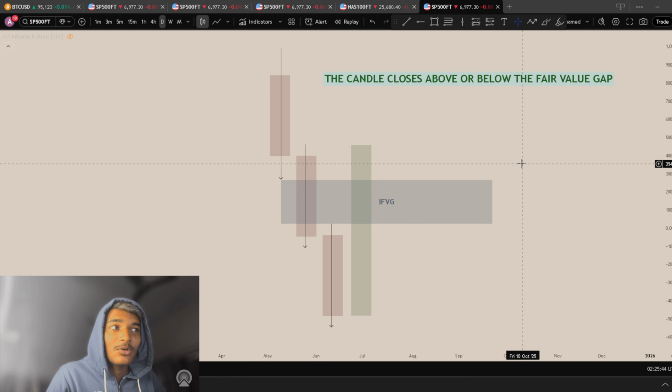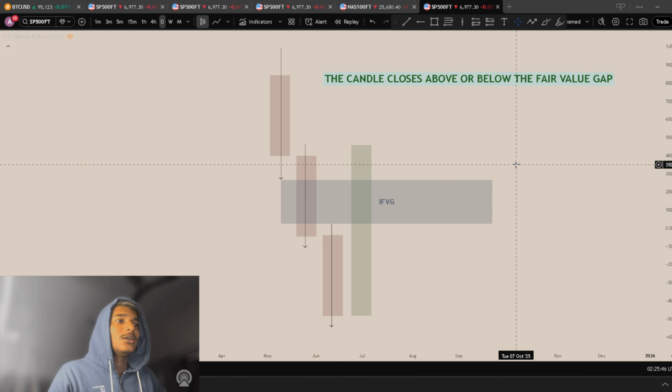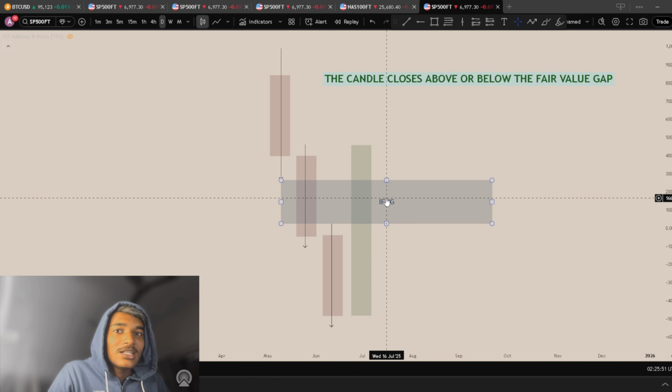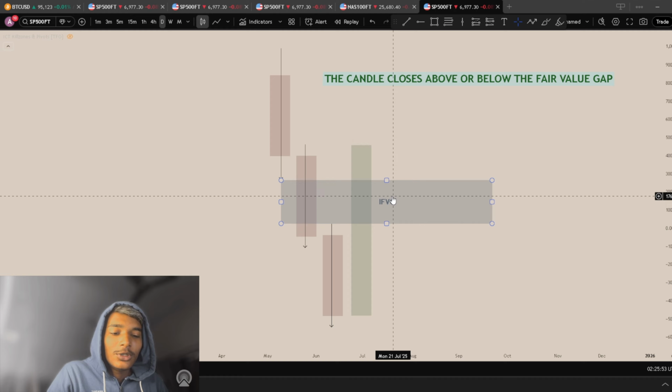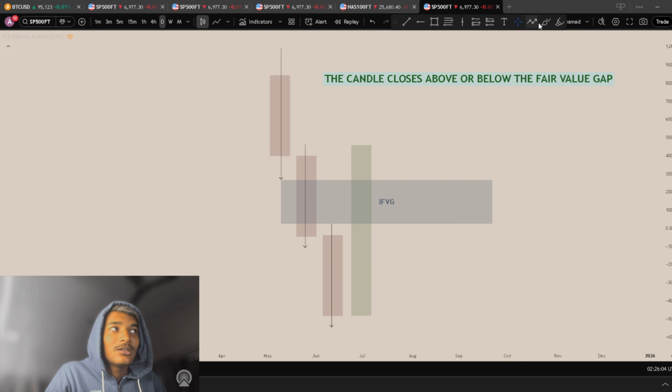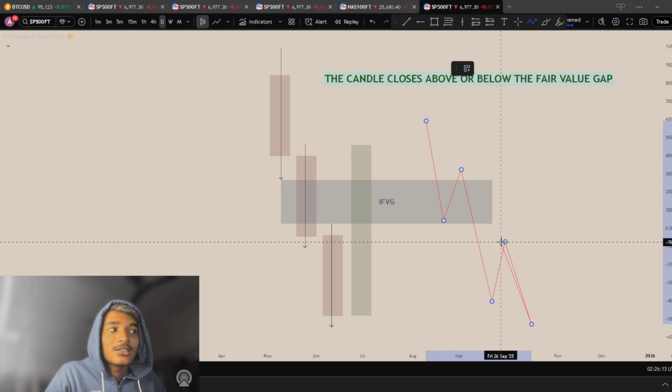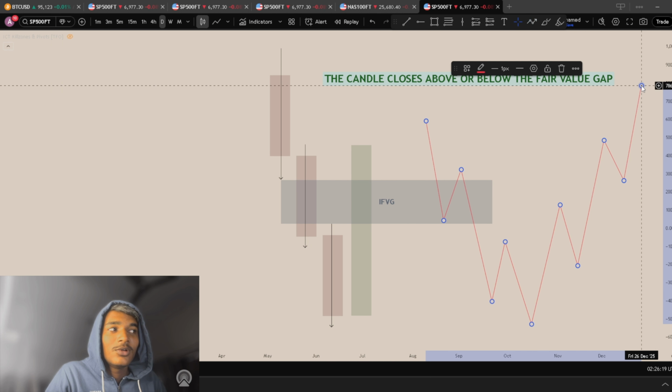It means the fair value gap got inversed. So this tells us that the market is going to change its direction. In the market structures video, I taught you that if the market is moving in a downtrend and it closes above its swing high, then this is a market structure shift, and the market is going to move in the opposite direction.